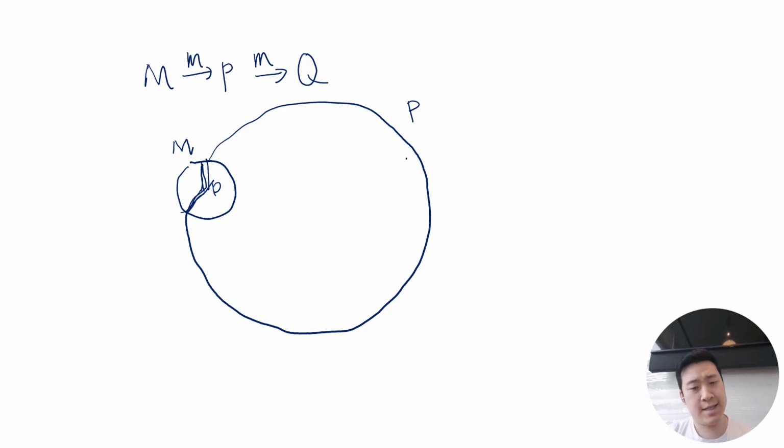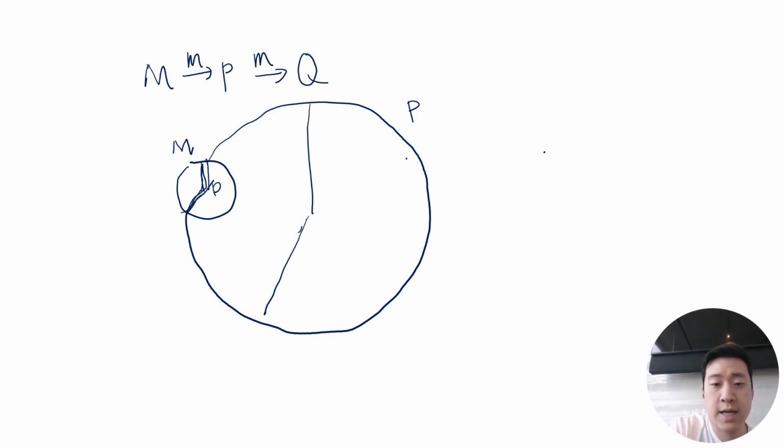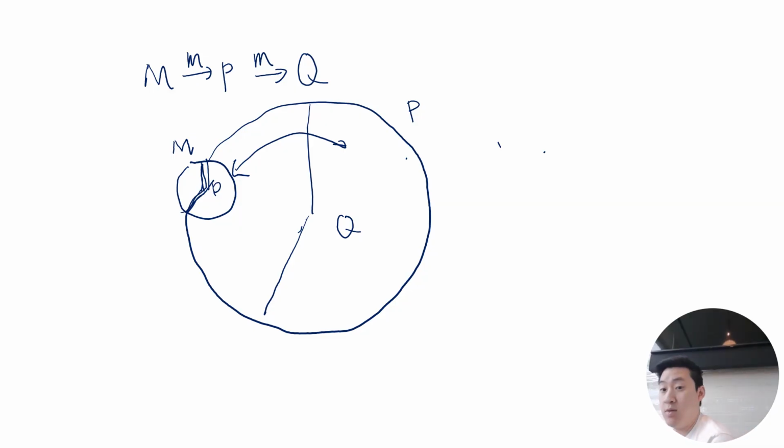Well, if that's the case, and greater than 51% of P is Q, notice how Q could be way over here. And notice how if that's the case, M and Q do not need to have any relationship. They could be completely separate from one another.